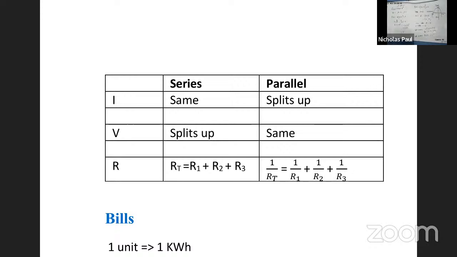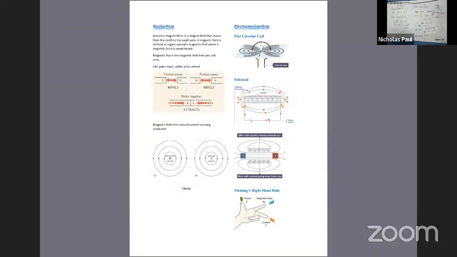Voltage in series splits up. Voltage in parallel is the same. And I gave you the formulas for resistance in series and resistance in parallel as well. This table is the most important table when it comes to the calculation.